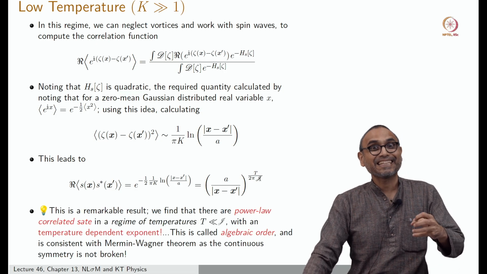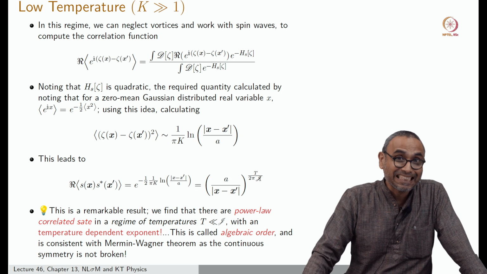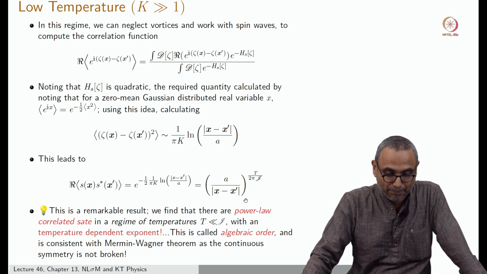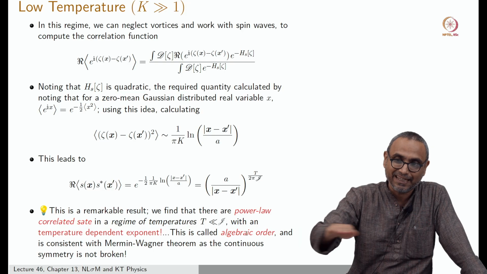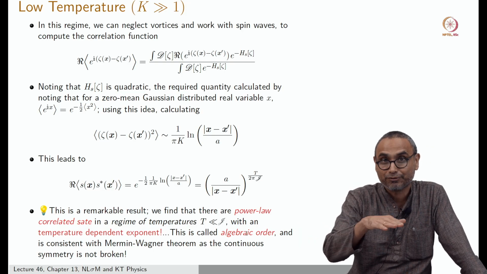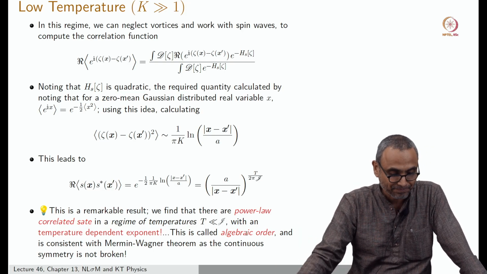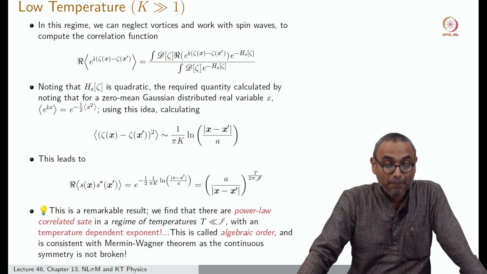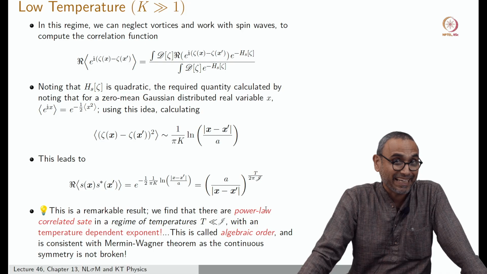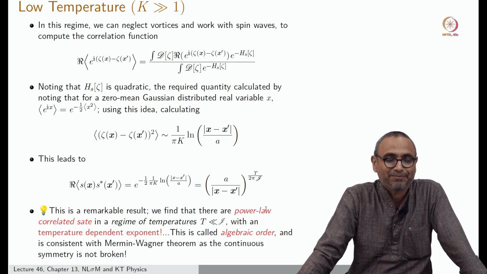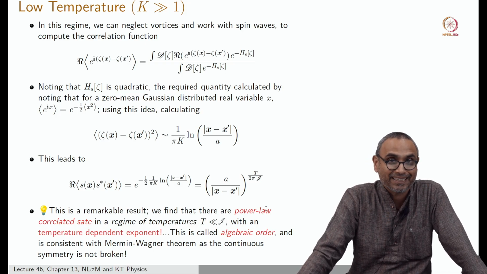So this is the state which is called algebraically ordered, which means this is a power law, that's why it's called algebraically ordered, with a temperature dependent exponent, and it occurs in a regime of this parameter, temperature. Most interestingly, we see that there is no broken symmetry. Of course there shouldn't be, because Mermin-Wagner theorem would be violated.